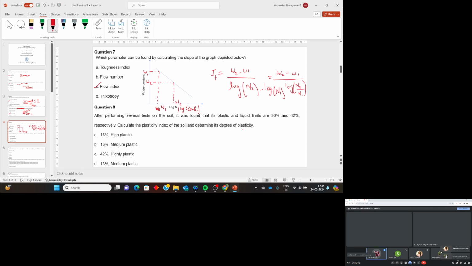Let me repeat the question. After performing several tests on soil, it was found that its plastic and liquid limits are 26% and 42% respectively. Calculate the plasticity index of the soil and determine its degree of plasticity.